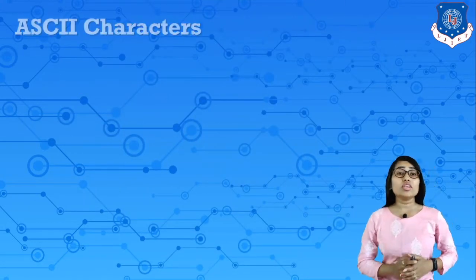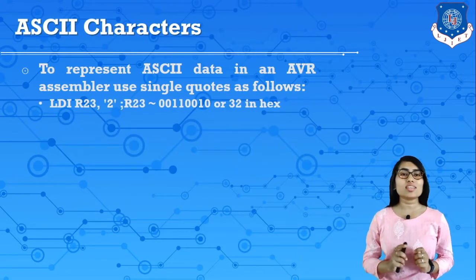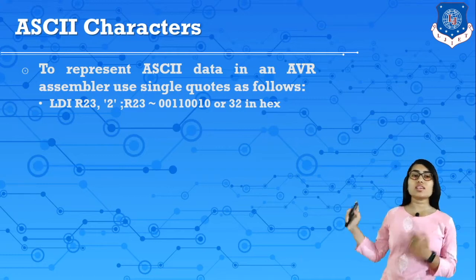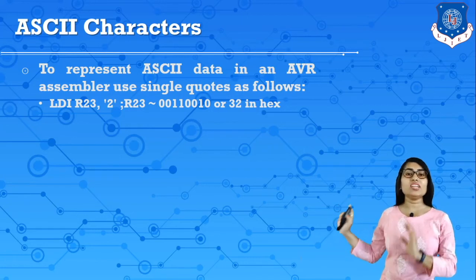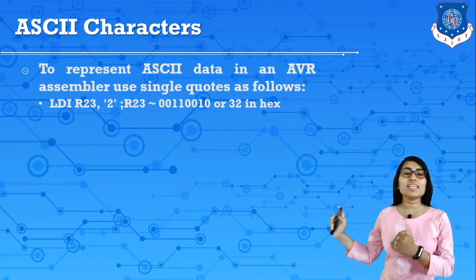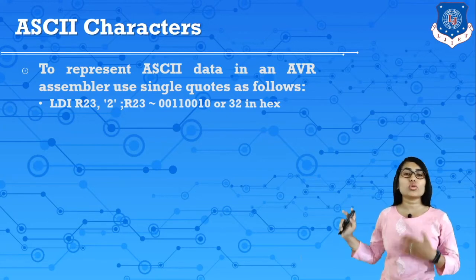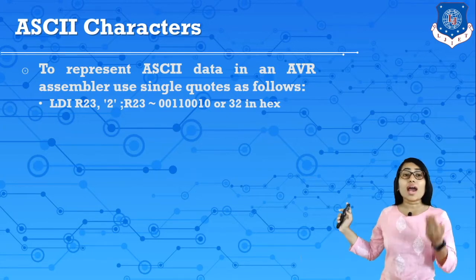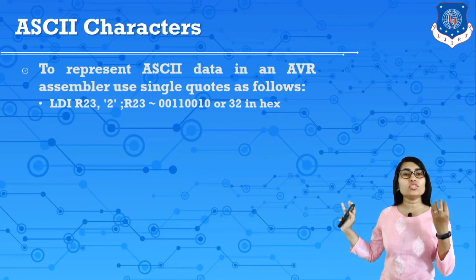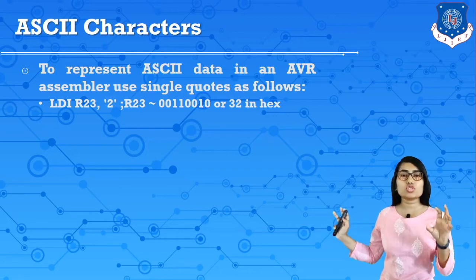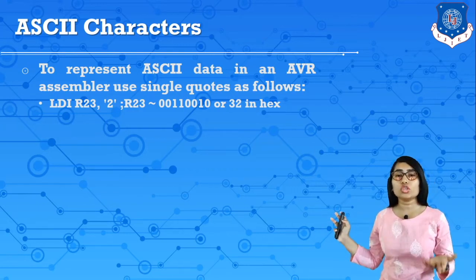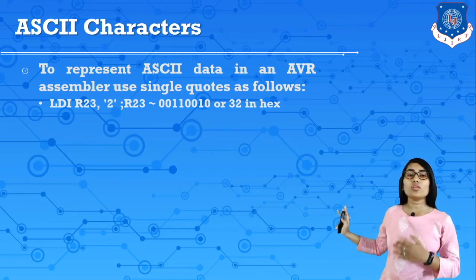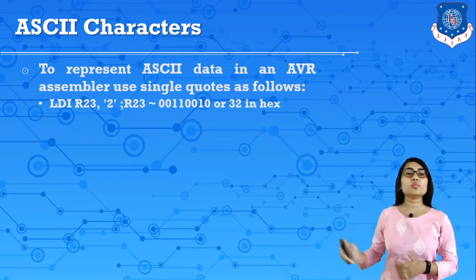Then next we have the ASCII character. To represent ASCII data in the AVR assembler, use single quotes, like this: LDI R23, '2'. It indicates that ASCII characters are stored, and in R23 the binary pattern of this ASCII is stored. So in ASCII this is 2, but actually for the ASCII code 2 there is 32, or 00110010 in binary format.